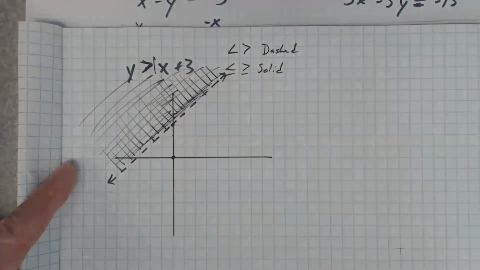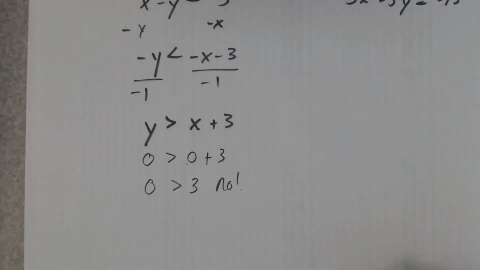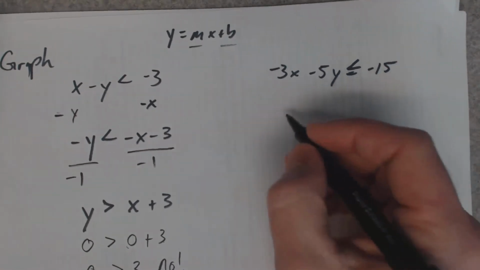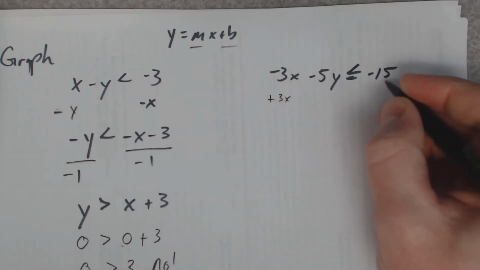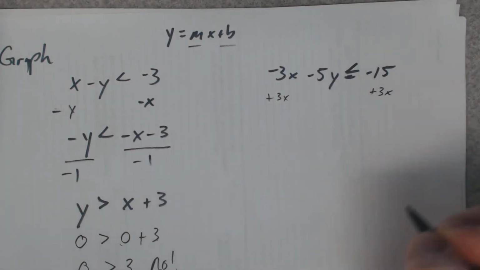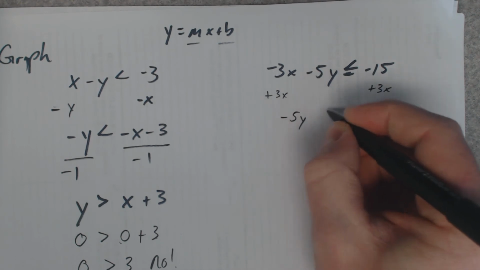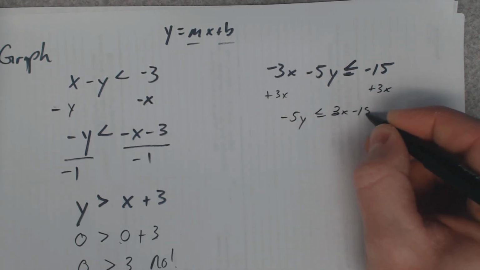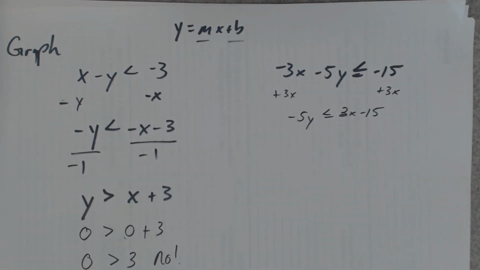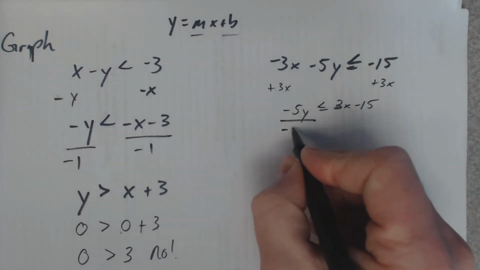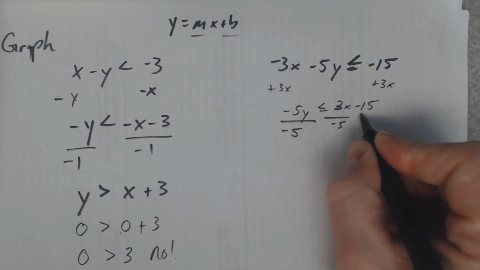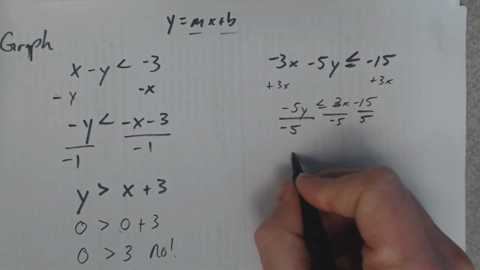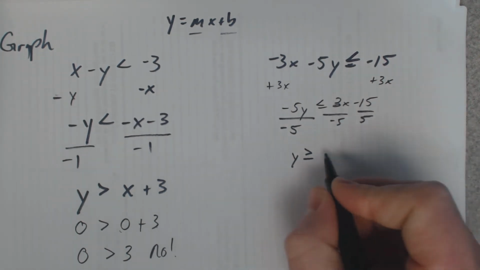Okay. Do it again. Let's add 3x to both sides. Okay. And then I divide everything by negative 5. Remember what happens when I divide by a negative? It flips the inequality symbol.